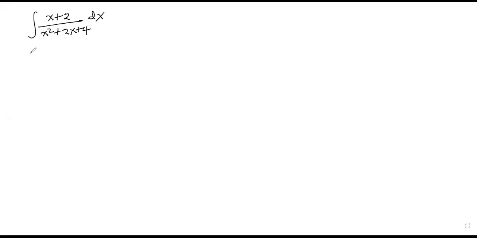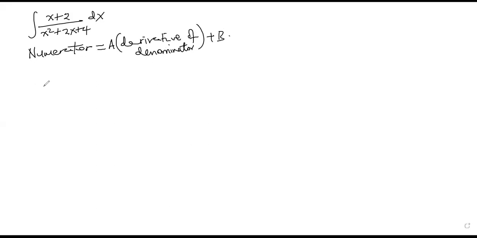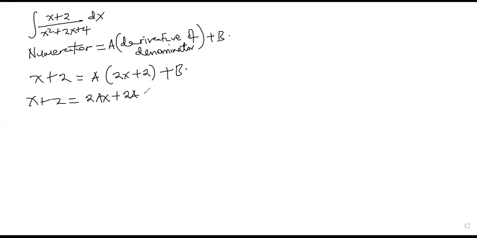So of course, we shall say that the numerator is equal to a times the derivative of the denominator, then plus b. So the numerator x plus 2 is going to be equal to a times the derivative of the denominator, which is 2x plus 2, then plus b. So x plus 2 is equal to 2ax plus 2a plus b.